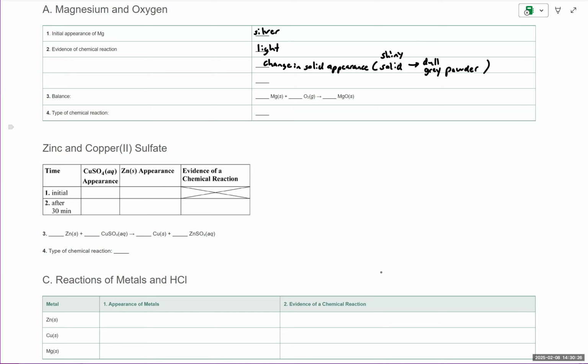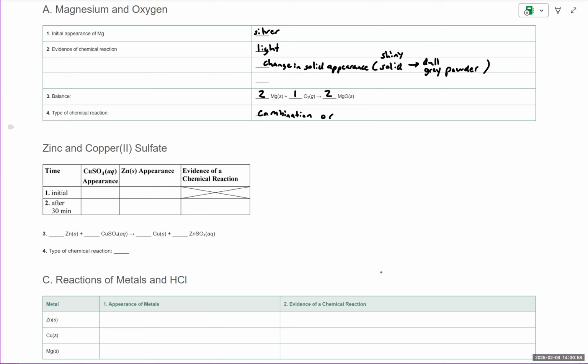We're going to take this chemical equation. So in this case, we have the following balanced chemical reaction. In terms of the type of chemical reaction, we have magnesium and oxygen combining to yield magnesium oxide. So this can be called a combination reaction. Or there's another type of reaction that is applicable.